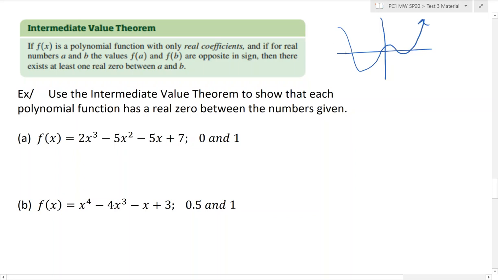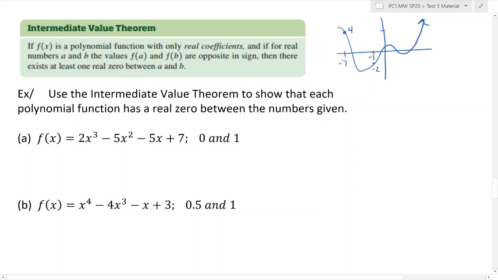Let's say that you put a number like -7 into your synthetic division table, and out pops a 4. And if you put in a number of -2, out pops a -2.